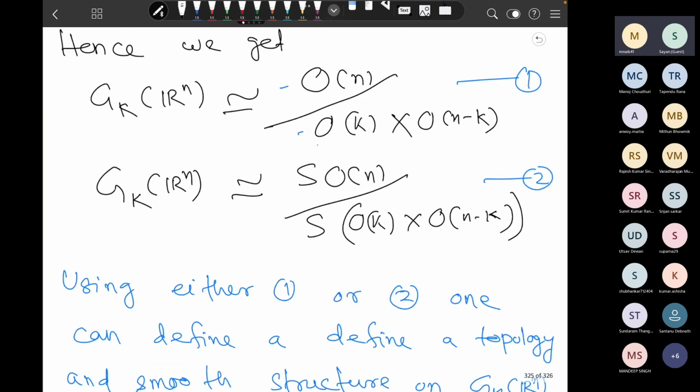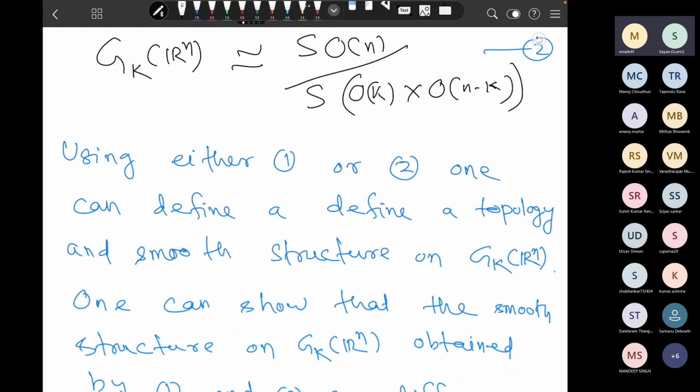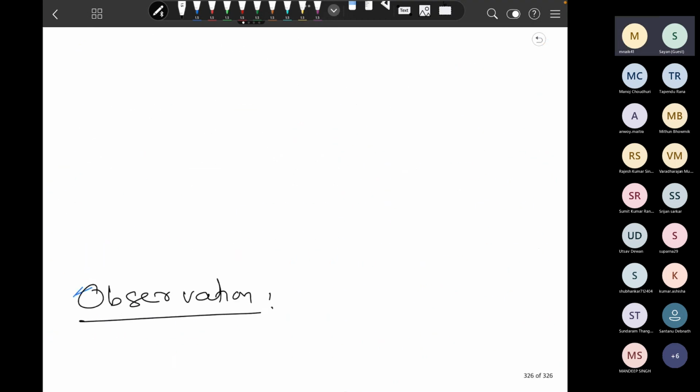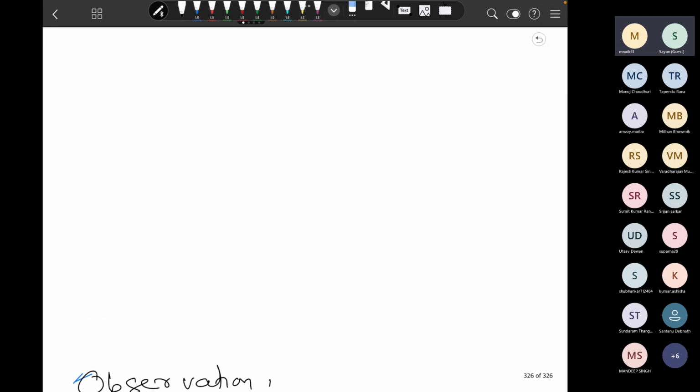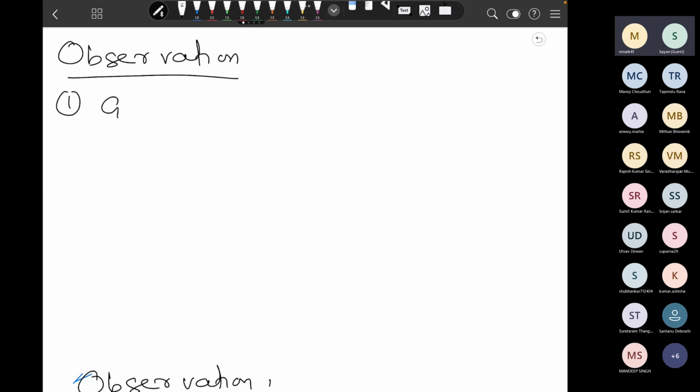Since SO(n) is compact and connected, G_k(R^n) is connected. The first observation is that G_k(R^n) is a compact and connected smooth manifold.